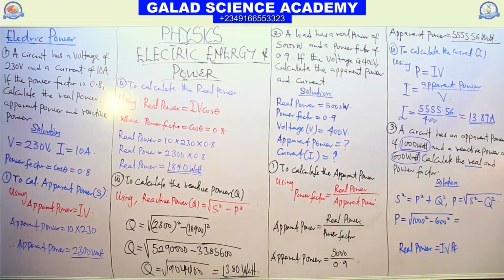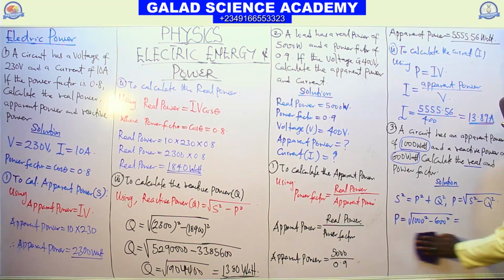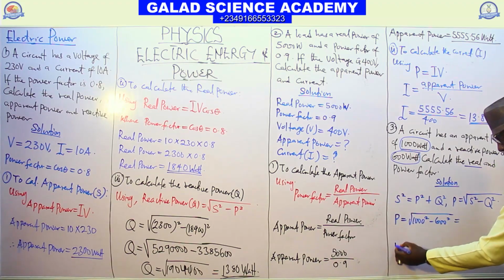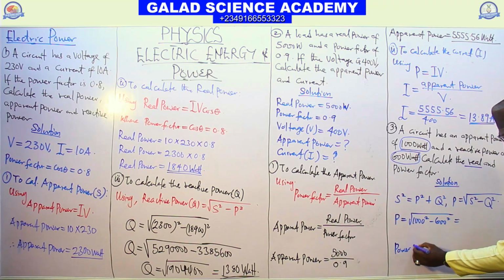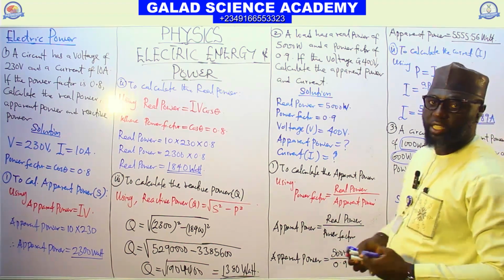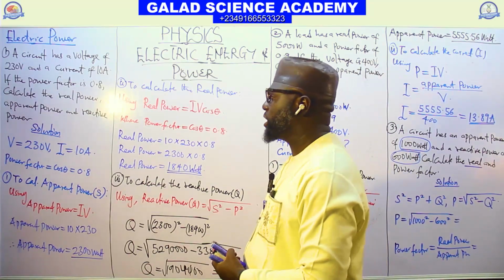Do you remember that I told you the power factor is equal to real power over apparent power? So the real power you get here over apparent power gives you the power factor. Please solve it and tell me your answer in the comment section.